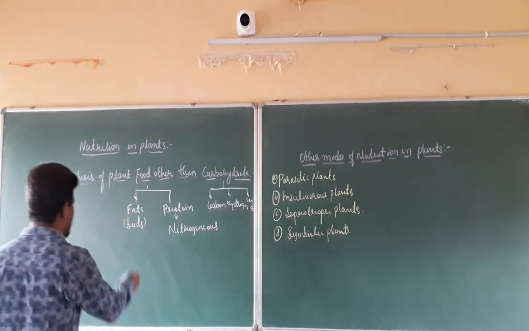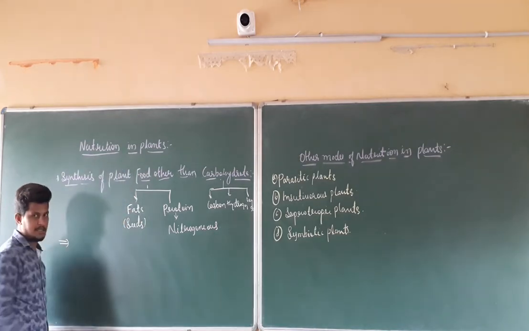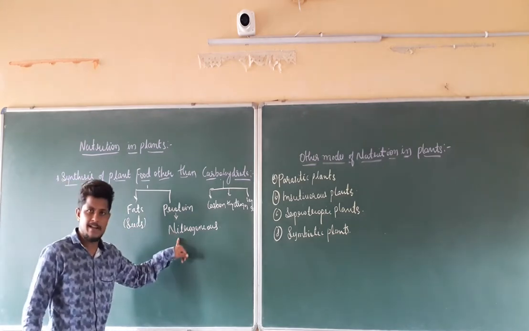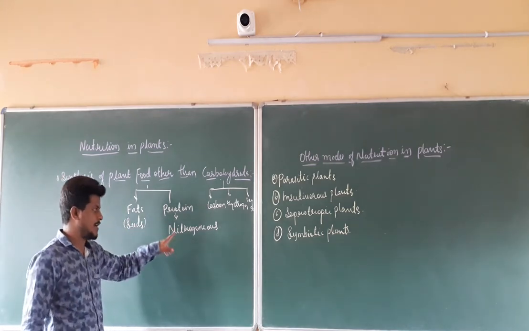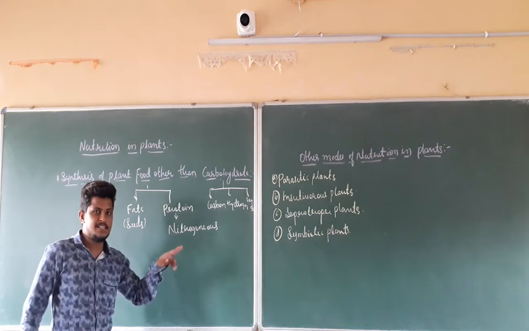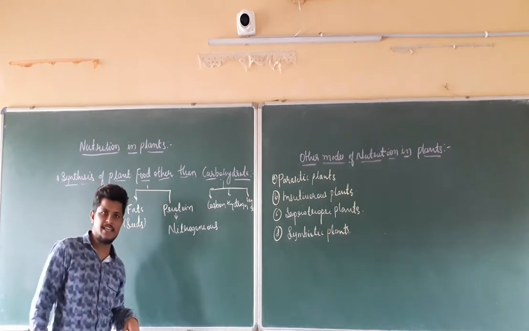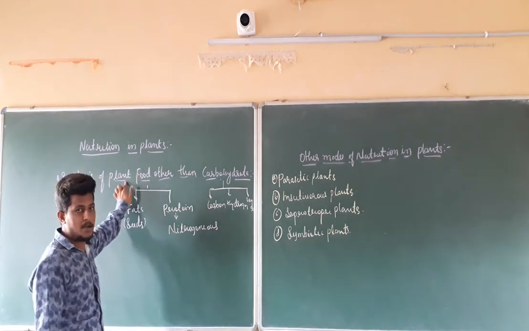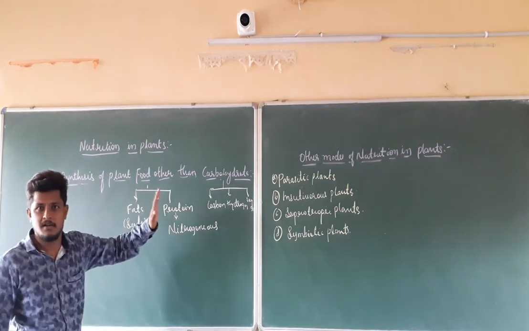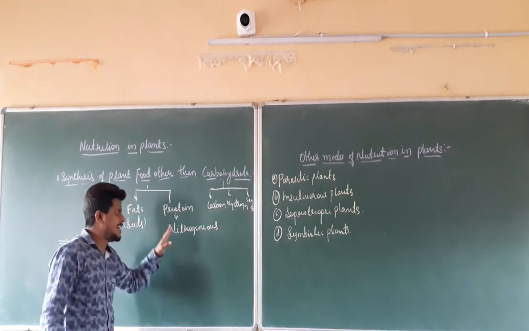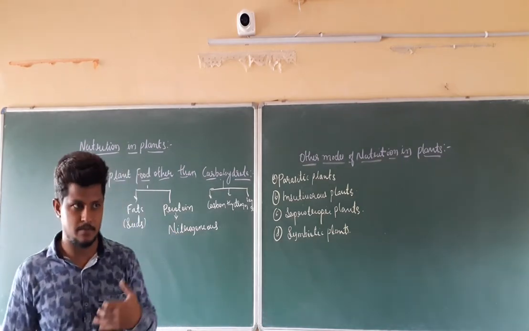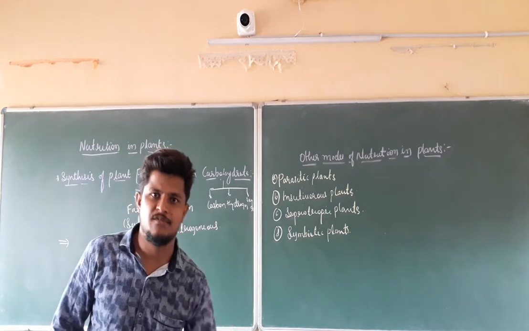That is nitrogen. I am going to tell this step by step. To produce the proteins, they require nitrogen. The nitrogen present in the environment is in the form of nitrogen gas. The nitrogen gas is not directly taken up by the plant, so this nitrogen is converted into some other form, the nitrate form. How are they going to convert it into nitrate form?